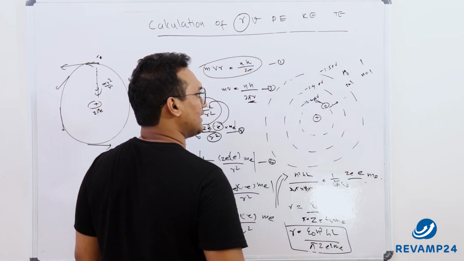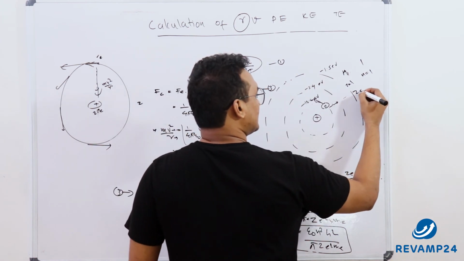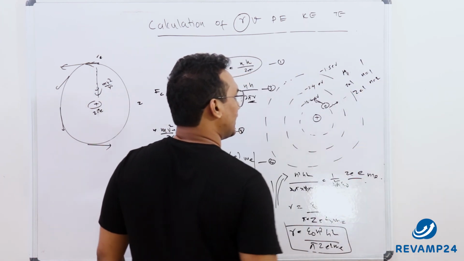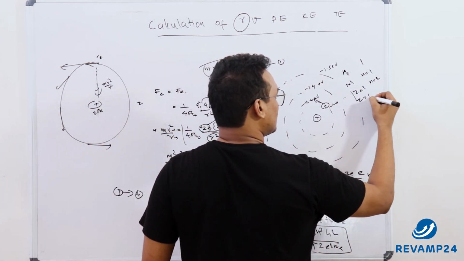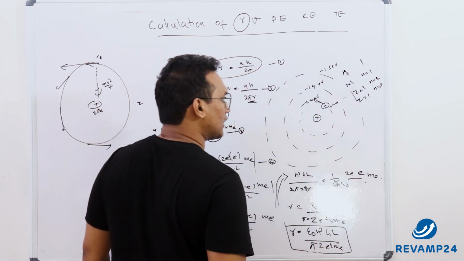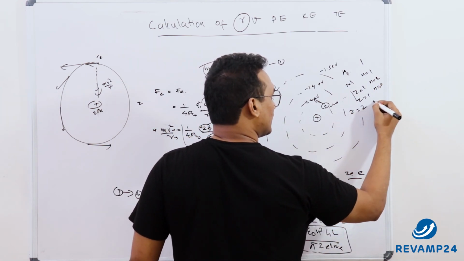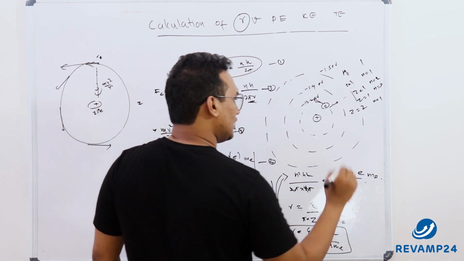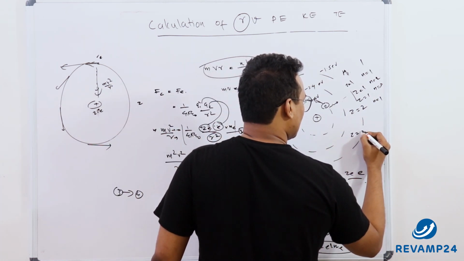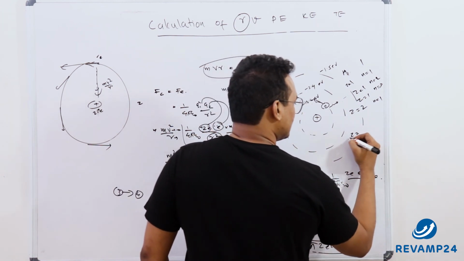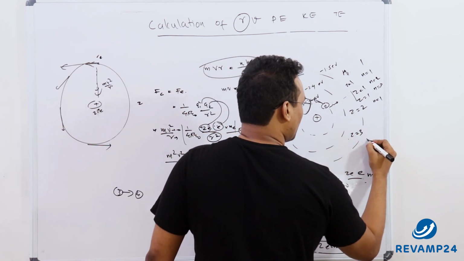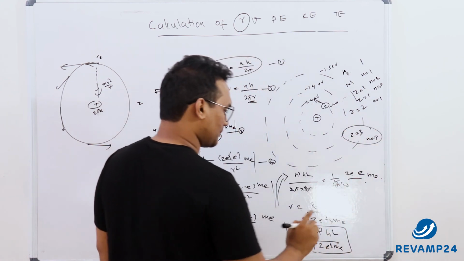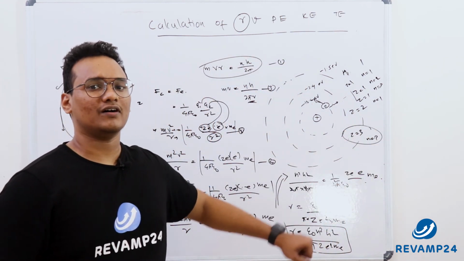Now for hydrogen second orbit, Z is equal to 1, n is equal to 2. For hydrogen third orbit, Z is equal to 1, n is equal to 3. For helium, Z is equal to 2, n is equal to 1, first orbit. Now for lithium third orbit, lithium is atomic number 3, hydrogen, helium, lithium, yes. Z is equal to 3, and third orbit, n is equal to 3. So you have to substitute this here, and you can get the value of r.